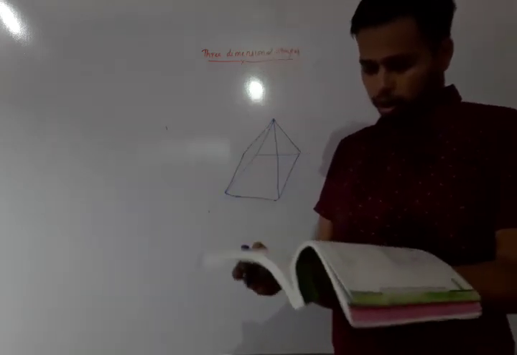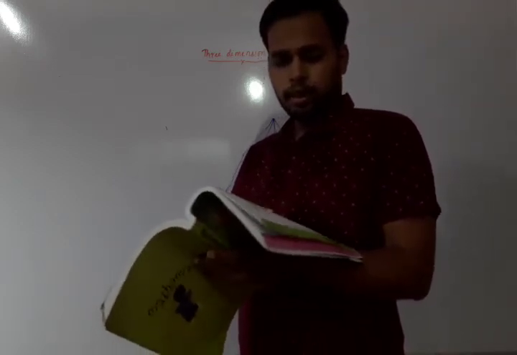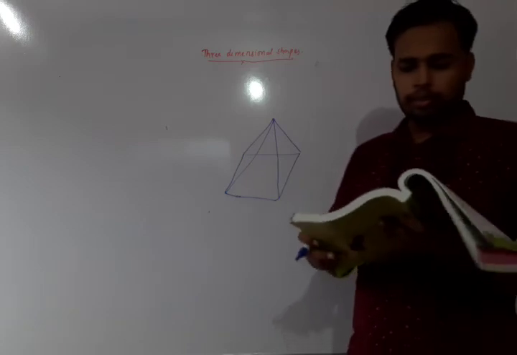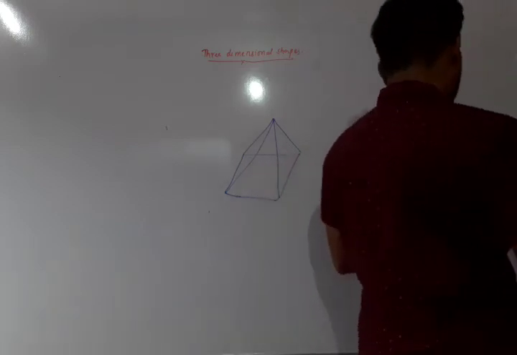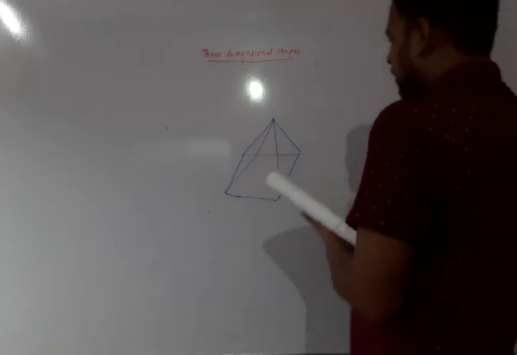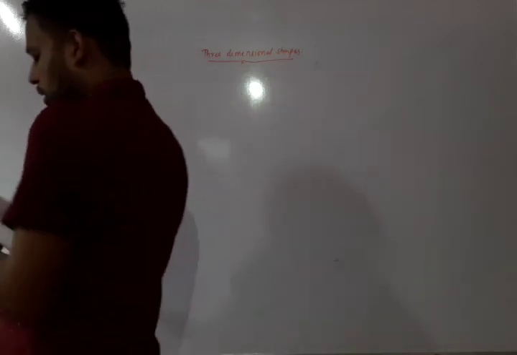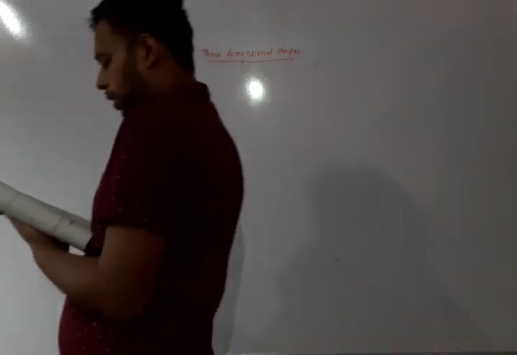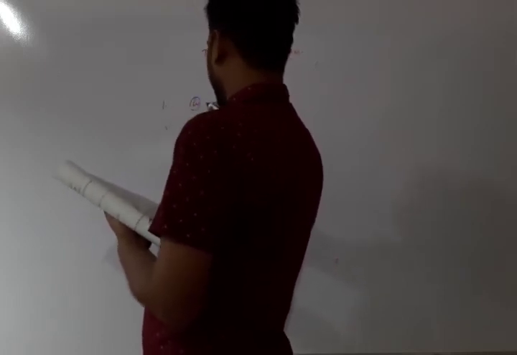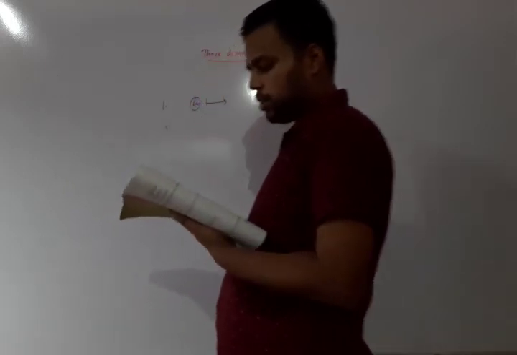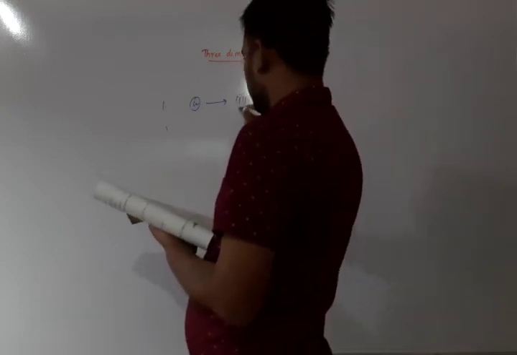Now moving on to the exercise. See the exercise. First do this yourself. Exercise 5.9 is match the following. First question, cone, A: it will match the second figure.